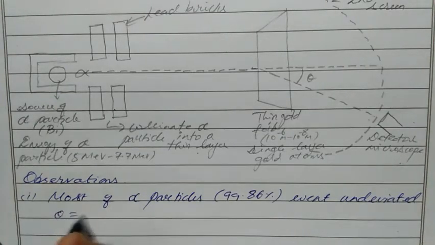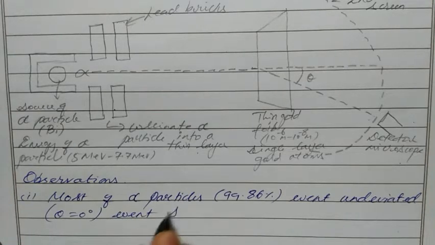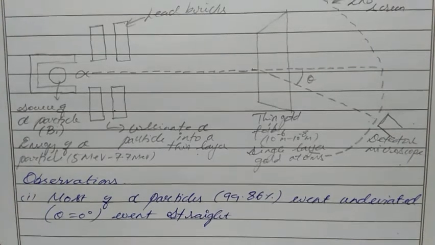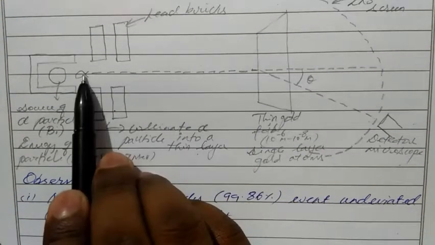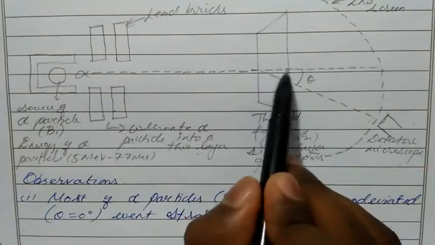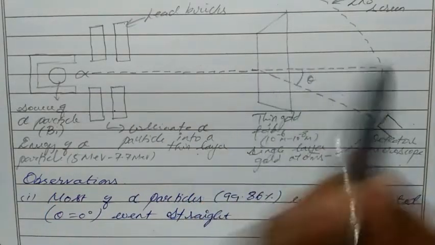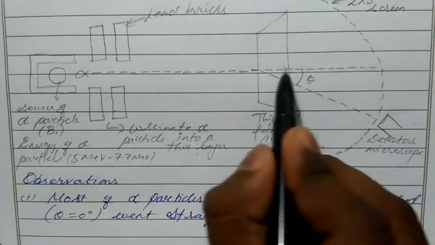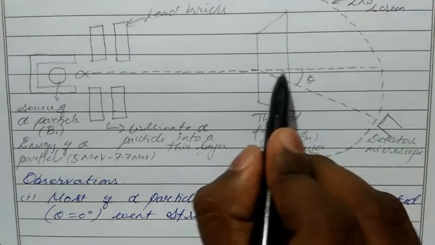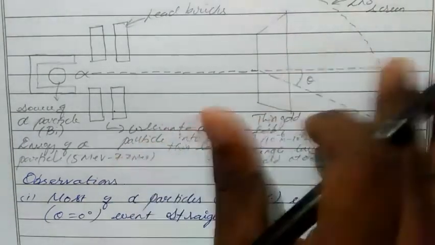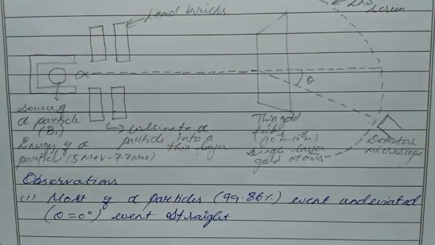That is theta equal to 0 degree, which means they went straight. If you see this diagram, the alpha particle comes in and theta is 0, so it goes along the straight line. It never deviates. Nearly most of the alpha particles went straight.